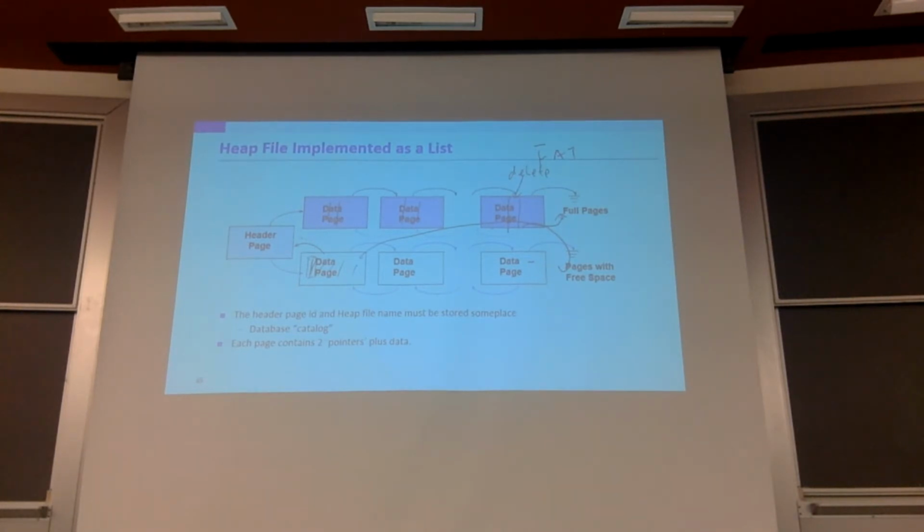So whenever your page gets full, you move that from the bottom list to the upper. And if you delete something from one of the data pages in the full page list, you move that down to the list of pages with free space.